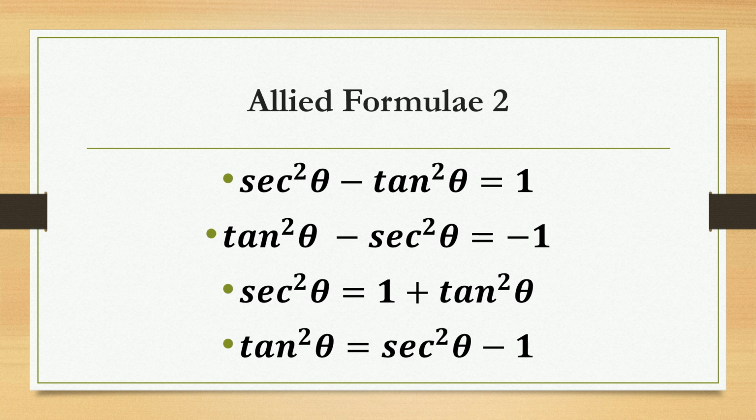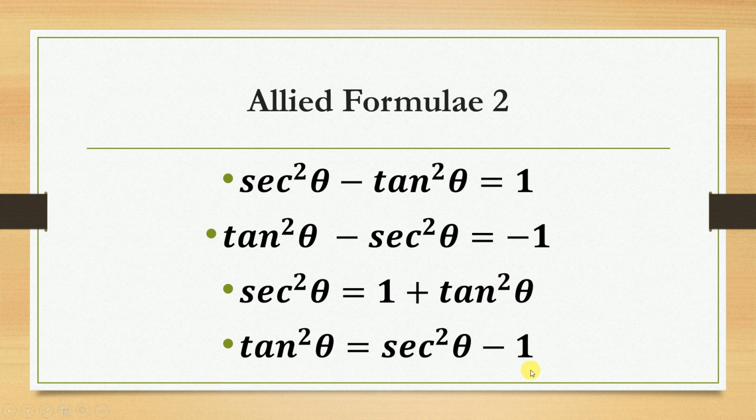The second identity gives 4 formulae. One is the original, sec squared theta minus tan squared theta is equal to 1, with which another 3 formulae are obtained by mere transformation. Tan squared theta minus sec squared theta is minus 1. Sec squared theta is equal to 1 plus tan squared theta. Tan squared theta is equal to sec squared theta minus 1.